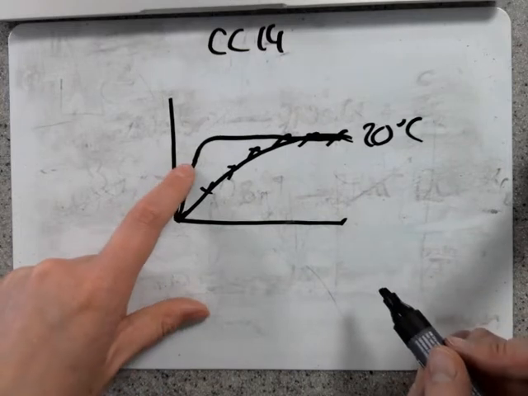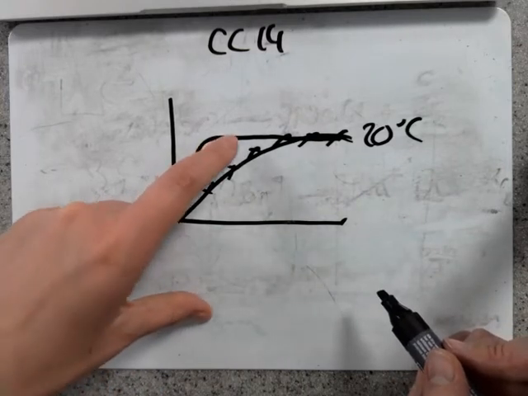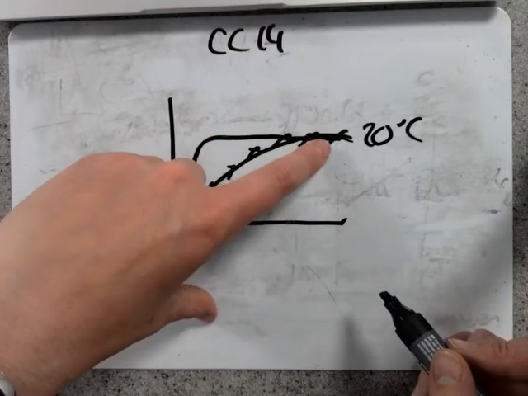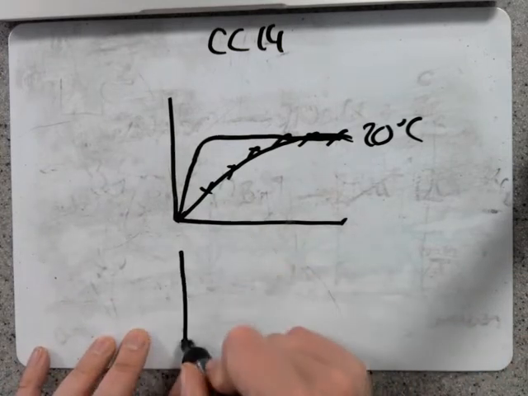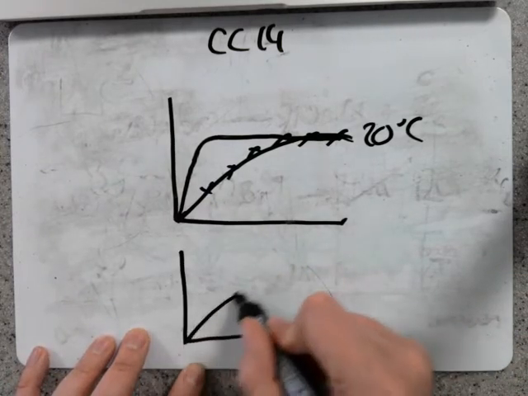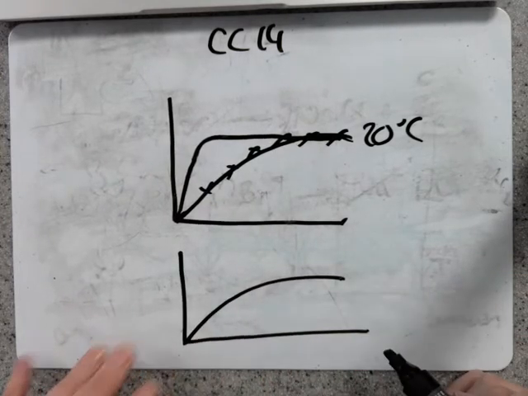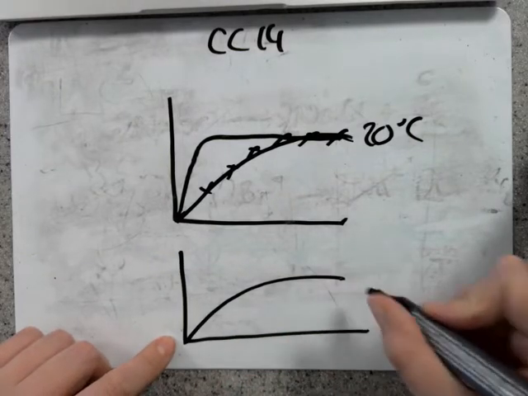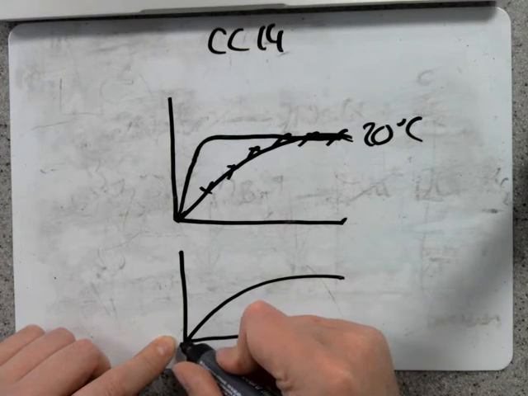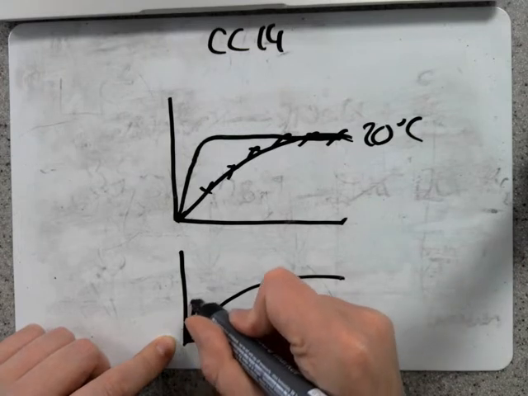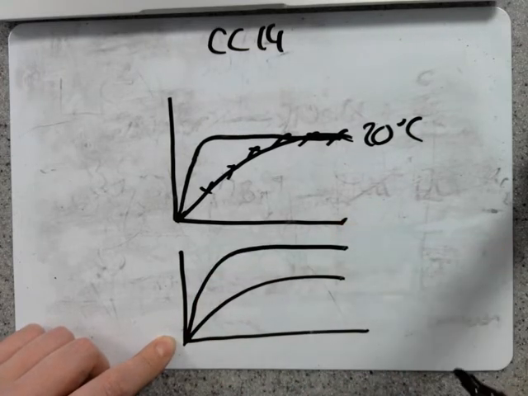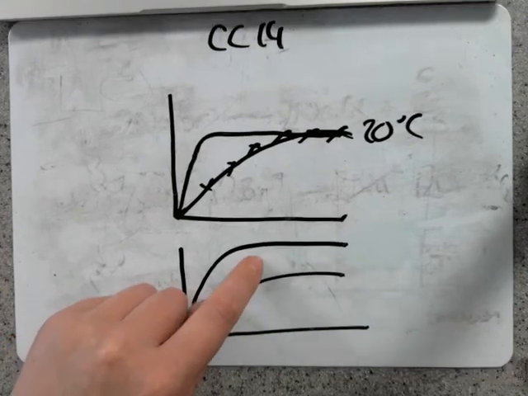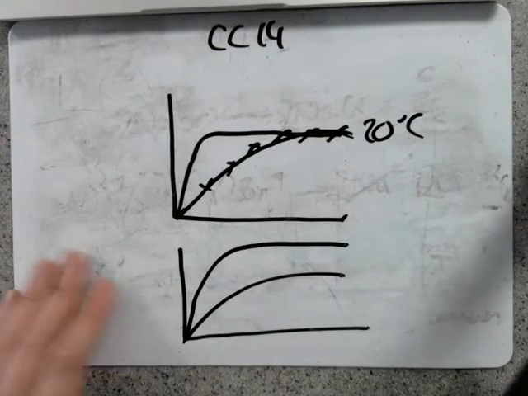So you get 1 mark for drawing it steeper, but 1 mark for leveling it off at exactly the same place as the original line. The only time your line should go beyond what was originally there is if you've increased concentration. So if I increase concentration, then I'm going to get a steeper graph, but I'm also going to get more product formed, but it's only concentration that will give you a higher line.